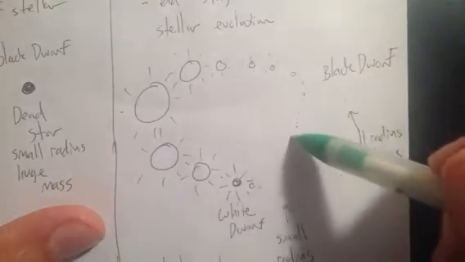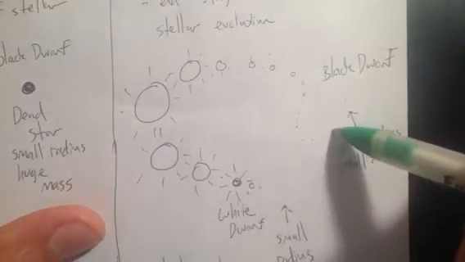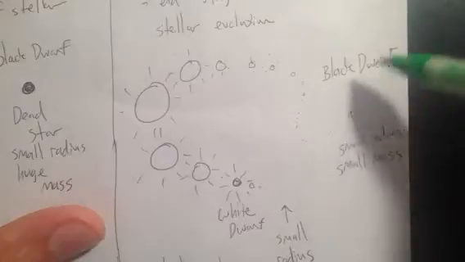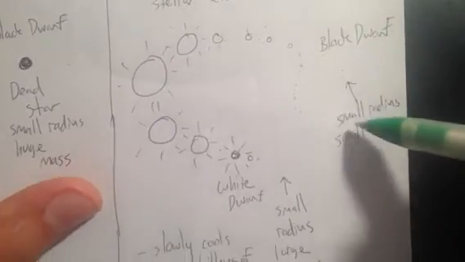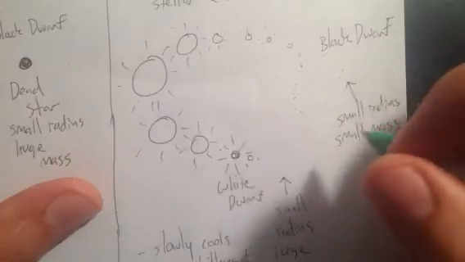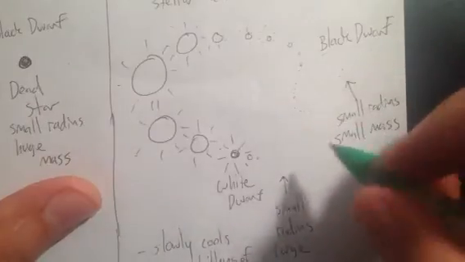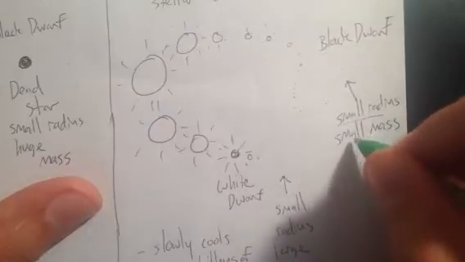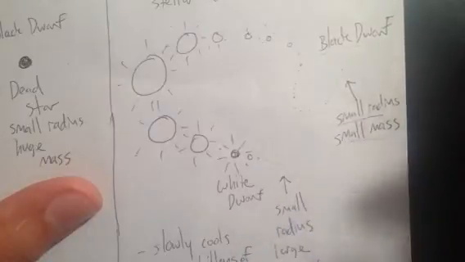I don't know if you can see those little dots there, but it just keeps on going, and eventually you get a black dwarf, which is like Earth or Mercury or Venus, which has a small radius and a small mass.